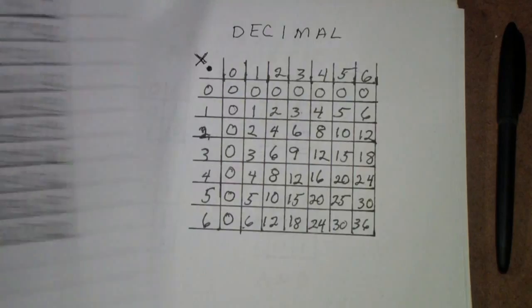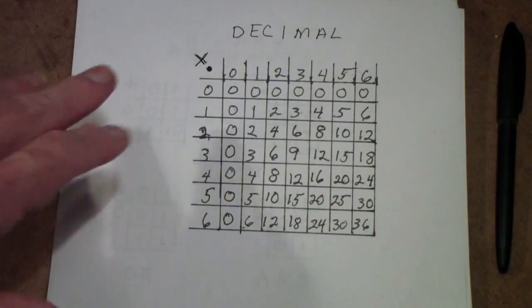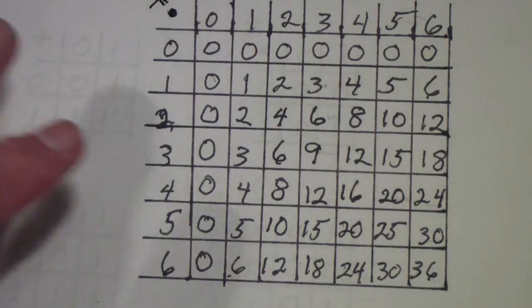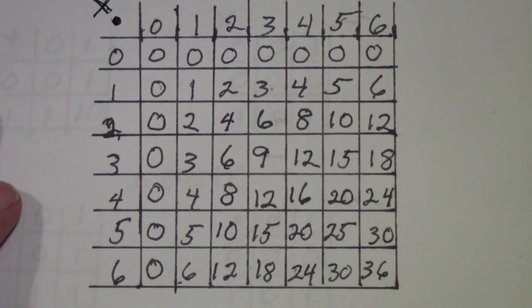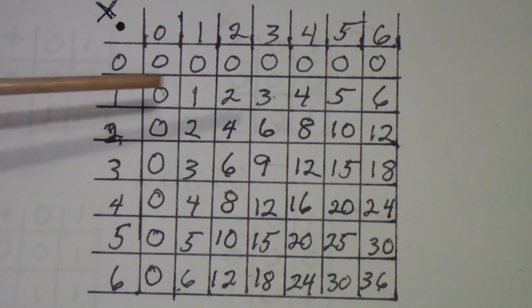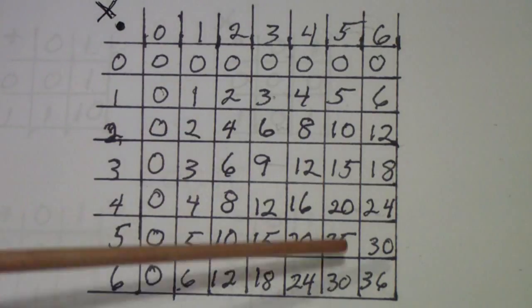Similarly, in your head you have a decimal multiplication table. And here you see that 1 times 1 is 1, 2 times 1 is 2, and so on.